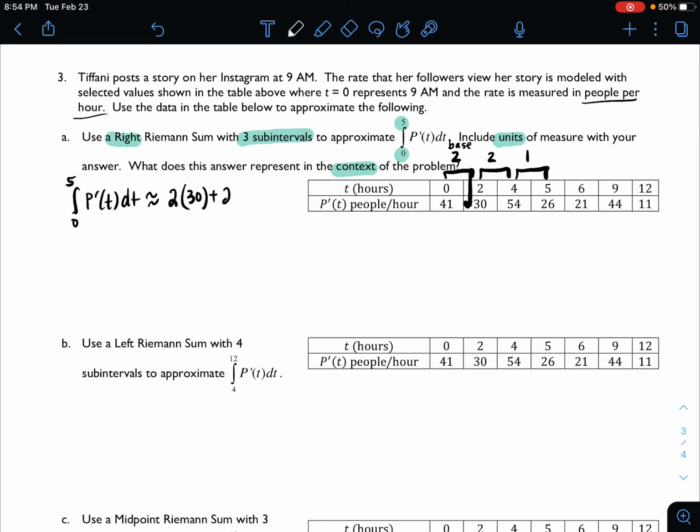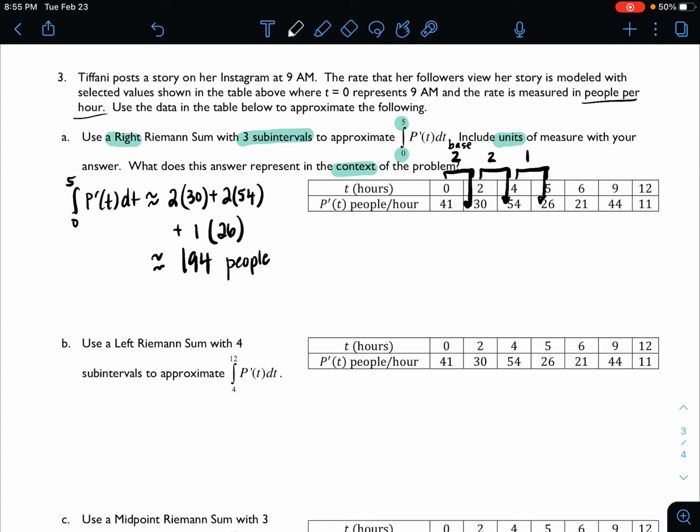The second rectangle will also have a base of 2, but my height will be 54. And my last rectangle will have a width of 1 and a height of 26. So if I add that up, again, you don't have to do that on the AP test, but you do want to make sure to show that step. We would get 194.